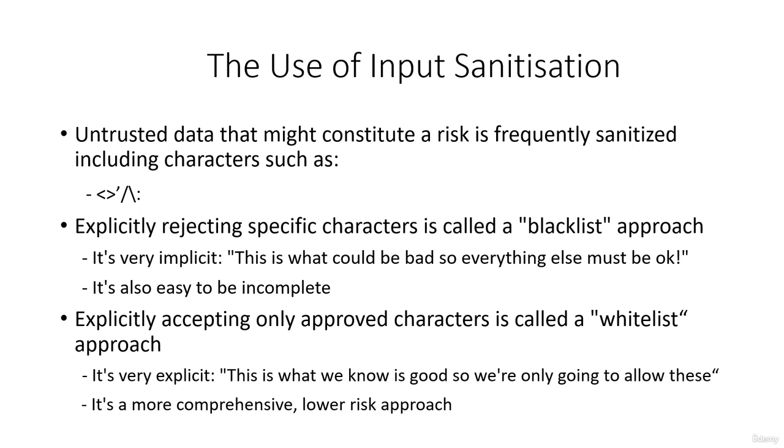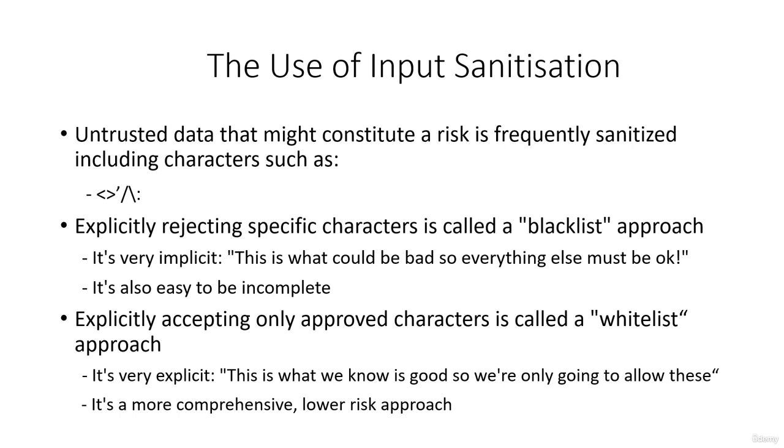This is what we call a blacklist approach, where the system is saying, hey, there are some characters I do not trust. Now that's a very simple approach, but it's also very rudimentary and it has some holes in it.